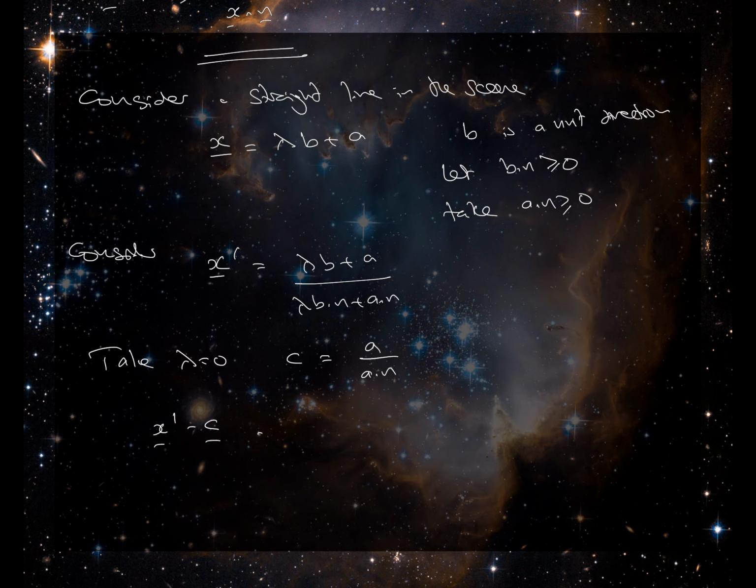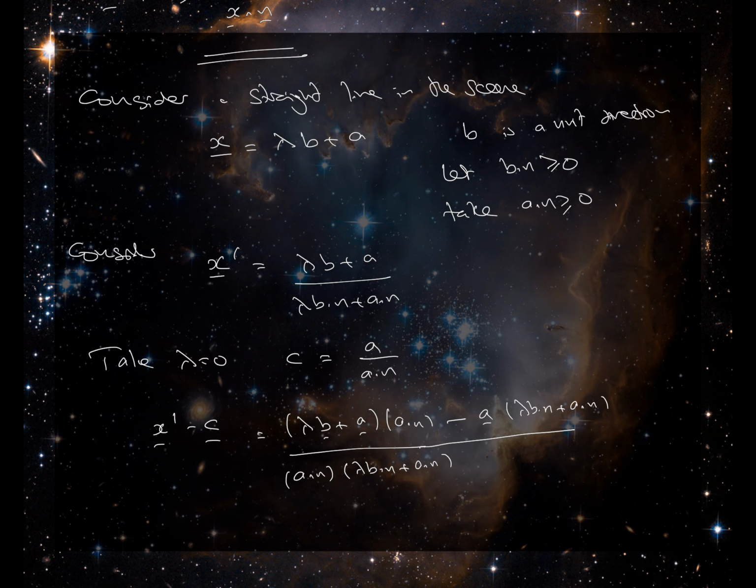That's equal to lambda b plus a over lambda b dot n plus a dot n, multiplied by a dot n, minus a times lambda b dot n plus a dot n. And you can see that those terms cancel off.